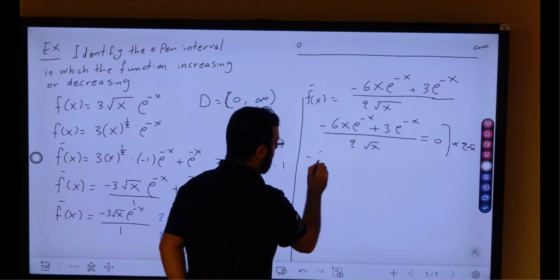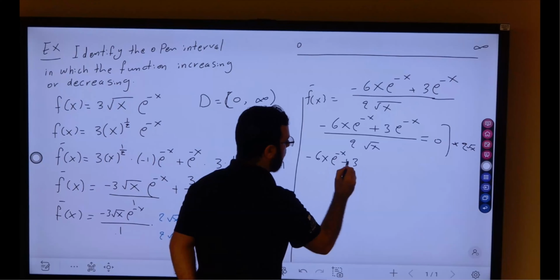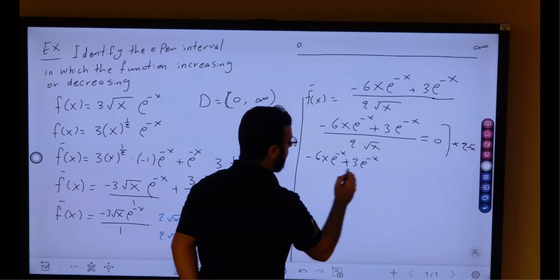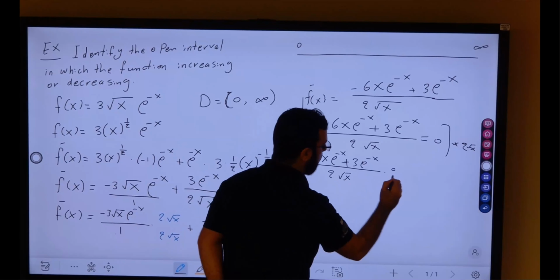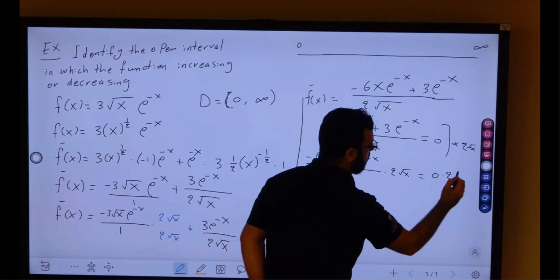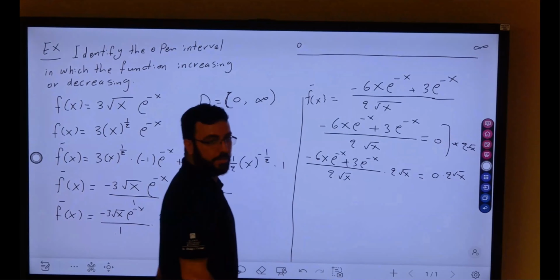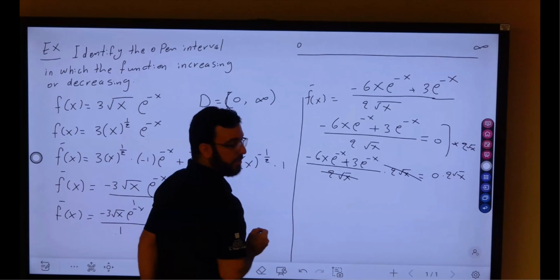So here is going to be -6x e to the negative x plus 3 e to the negative x divided by 2 square root of x times what? Root of x. Equal 0 times 2 square root of x. Cancel. So cancel this one with this one, what's the left?